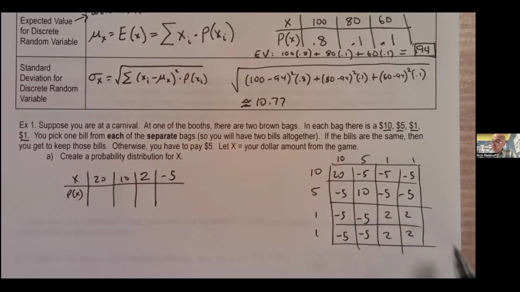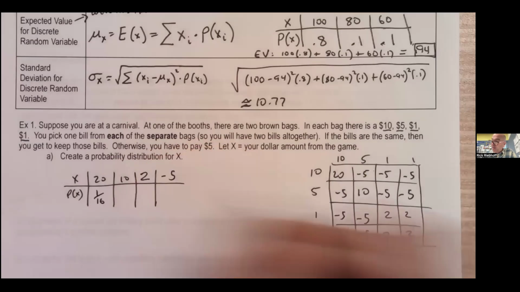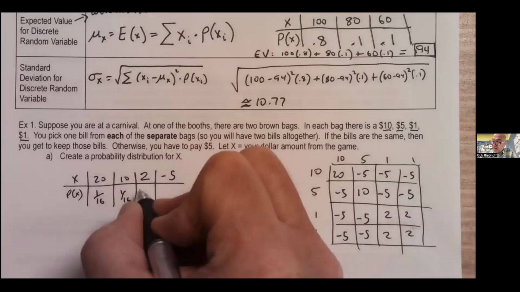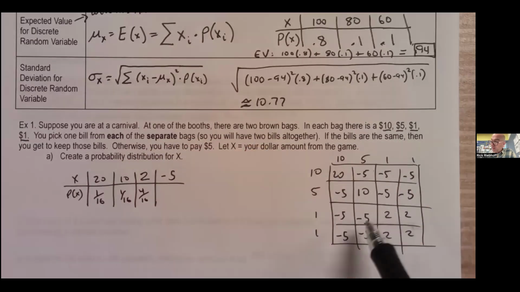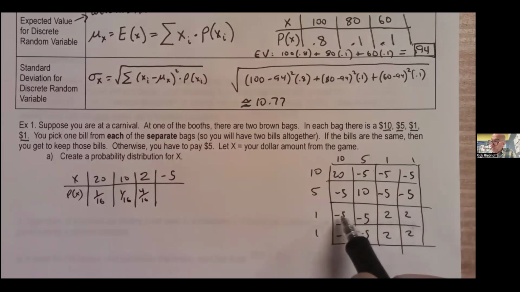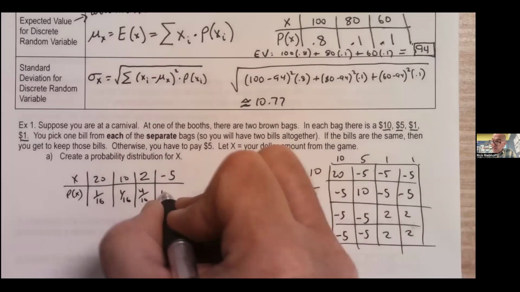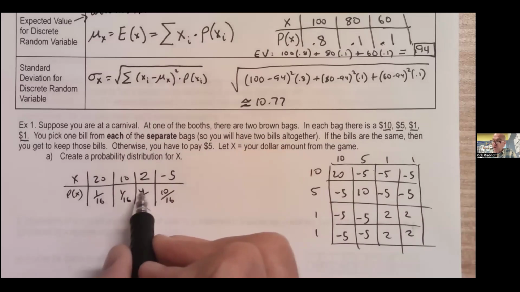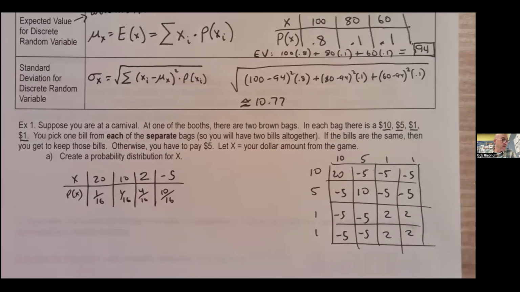And out of 16, we've got 1 out of 16, 1 out of 16, 4 out of 16, and then this would have to be 1, 2, 3, 4, 5... wait, 10. Is that right? 10 out of 16. Yes. Because this is 10, 14, 15, 16 out of 16. There we go. We got it.